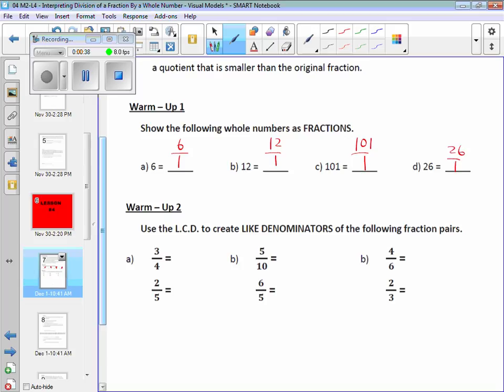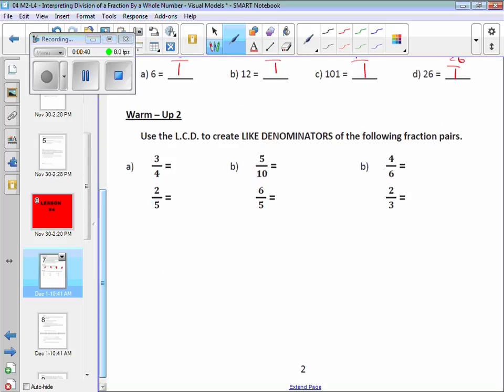Now what you had to do here, and I noticed that the directions were maybe a little bit confusing because of the way they lay it out. These two fractions, 3/4 and 2/5, we want to make LCD, lowest common denominator. We want a number that 4 and 5 go into, and we want the lowest number that 4 and 5 go into.